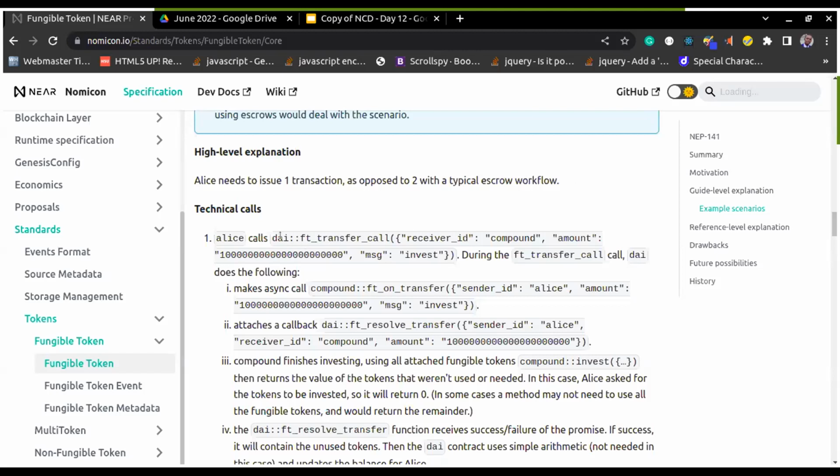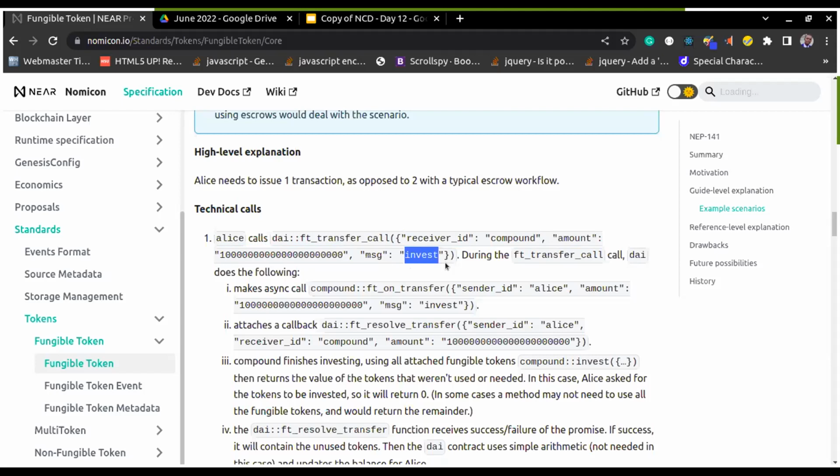So right here we have the DAI contract. In the DAI contract, we are calling the transfer call function, and this is going to receive some parameters, the receiver ID. So in this case, the receiver ID is a wallet address of another smart contract. Okay, so we specify the amount that you want to transfer to that particular receiver ID or smart contract and a message.